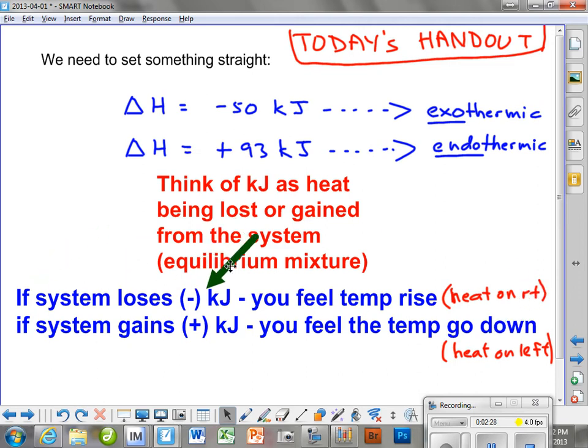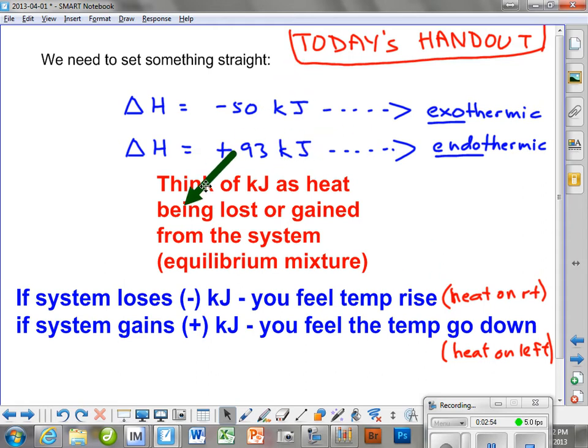So if a system loses kilojoules, or loses energy, because kilojoules is a measure of energy, you will feel the temperature going up. That is because this reaction is exothermic, and exothermic produces heat, so the system itself is losing energy.